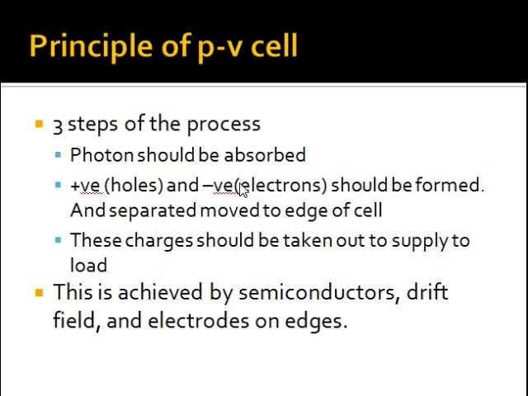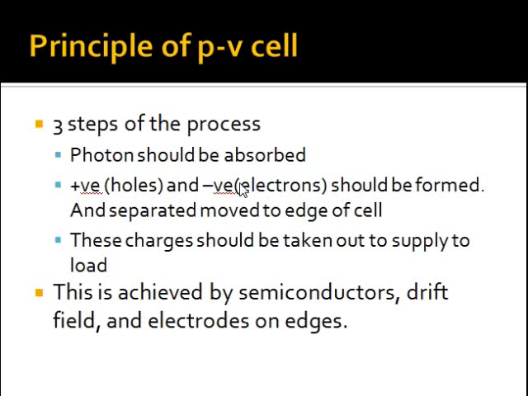In this slide we will discuss how a PV cell will generate the electromotive force. When it absorbs the solar radiation, it creates an electric current in the external circuit. So the main process involved in a PV cell has three steps. One is the light should be absorbed.